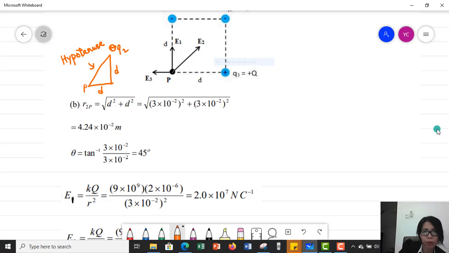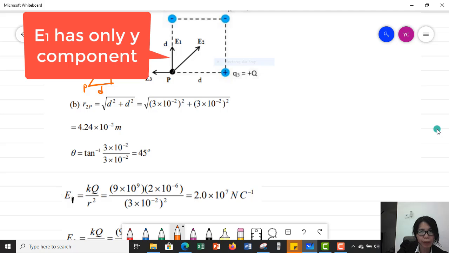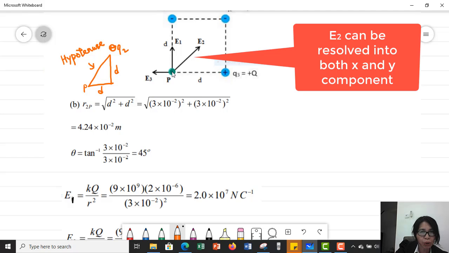If we refer to the electric field vectors that we drew, we can see obviously E1 has only a y component. E2 acts at a certain angle theta.